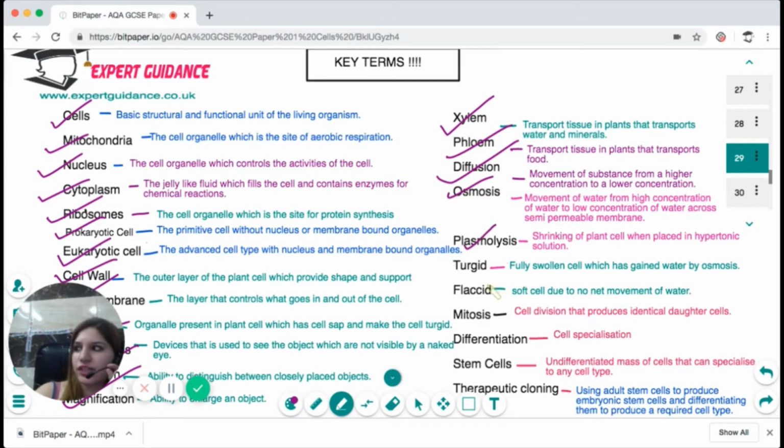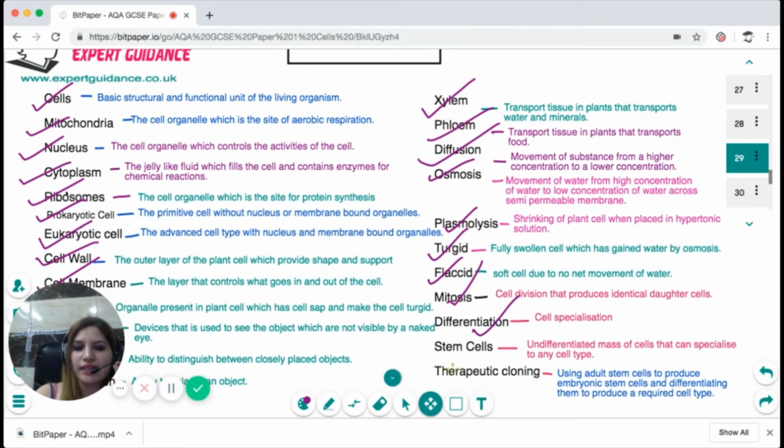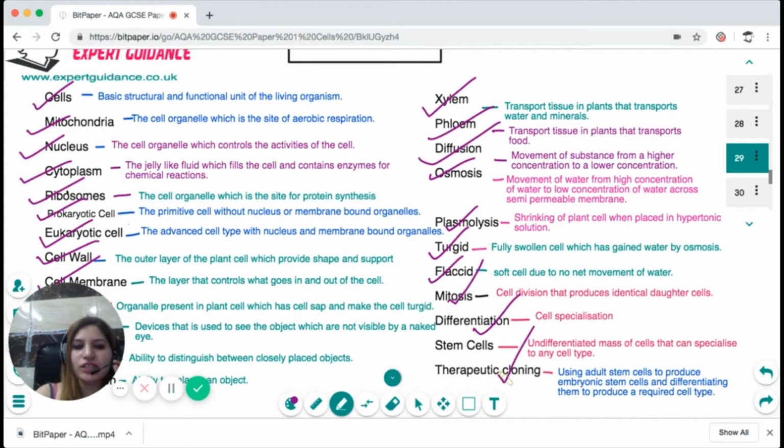Turgid is a fully swollen cell which has gained water by osmosis. Flaccid is a soft cell due to no net movement of water. Mitosis is cell division that produces identical daughter cells. Differentiation is cell specialization. Stem cell is an undifferentiated cell that can specialize to any cell type. And therapeutic cloning is using adult cells to produce embryonic stem cells and differentiating them to produce a required cell type.